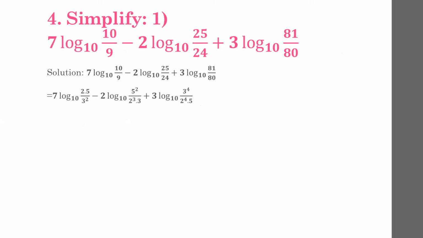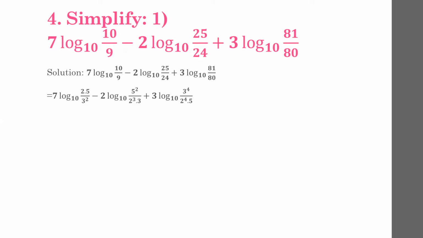Now what we have done is prime factorize the given terms. 10 can be factorized into 2 into 5, then 9 can be factorized as 3 square. For the second term, the simplest form of 25 is 5 square. The simplest form of 24 is 8 into 3, and 8 is 2 cube, so 2 cube into 3.